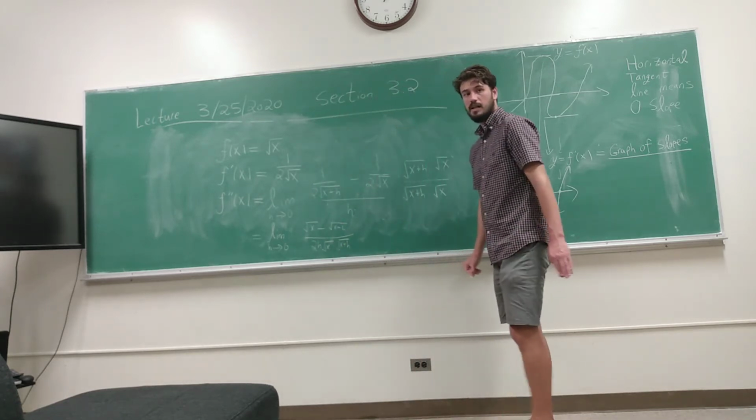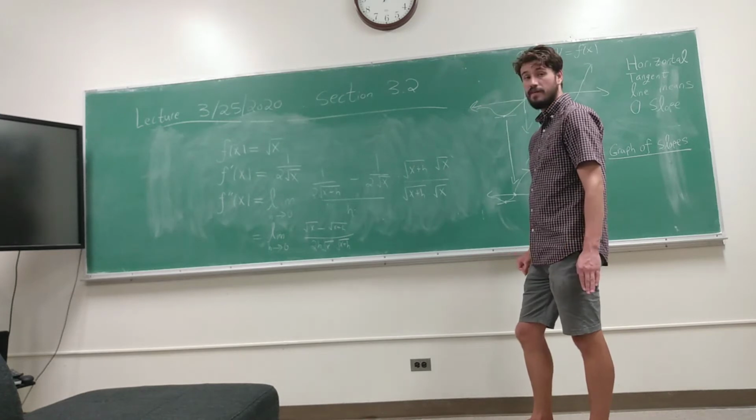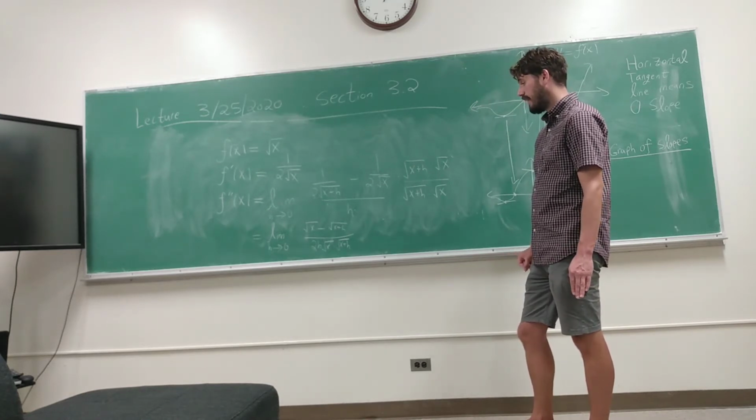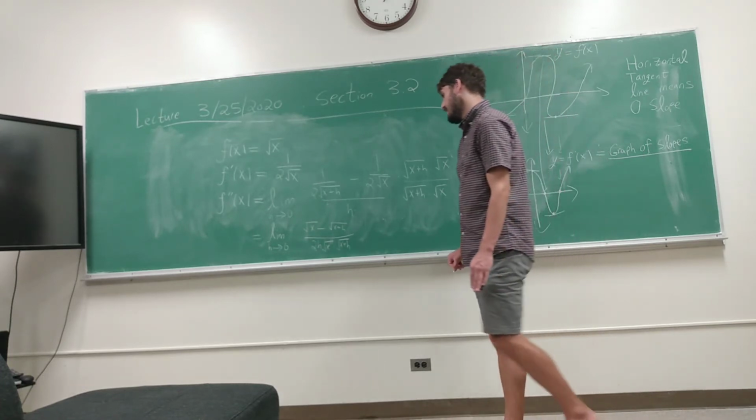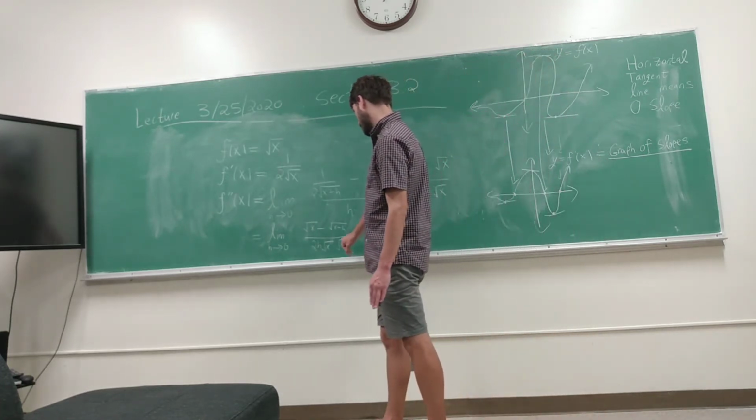When h goes to 0, square root of x minus square root of x plus h, divided by 2h times square root of x times square root of x plus h. Let's do this again.